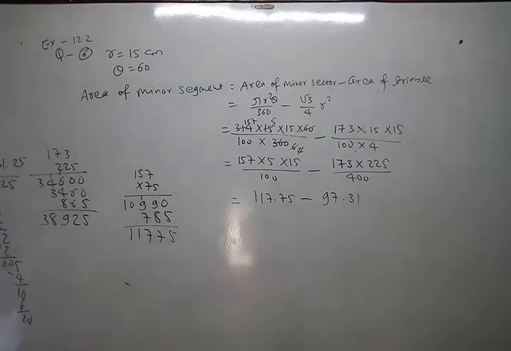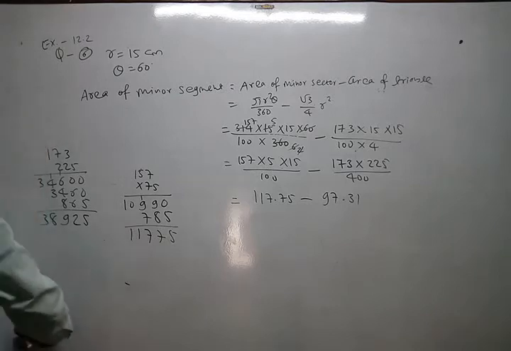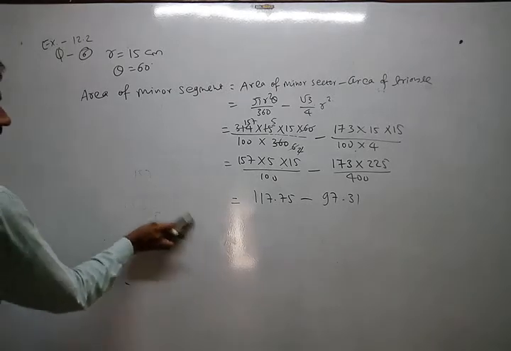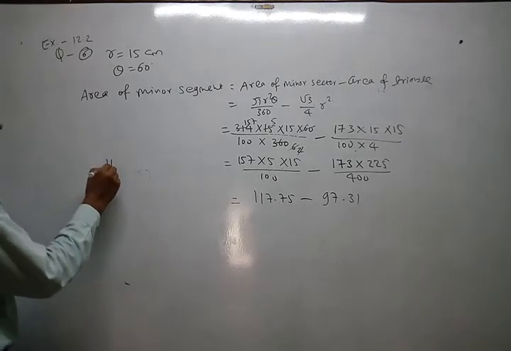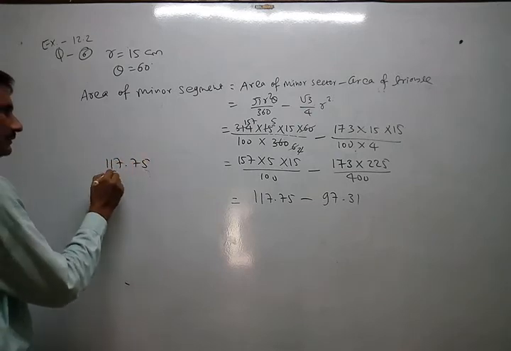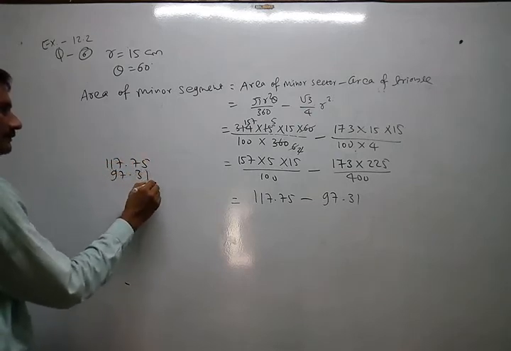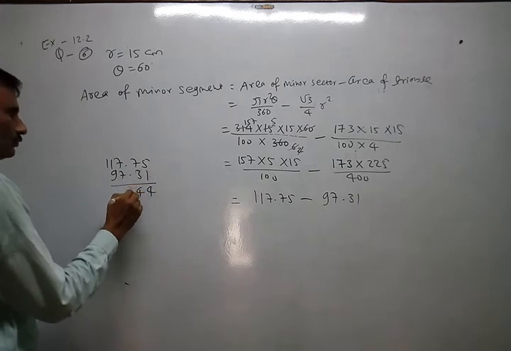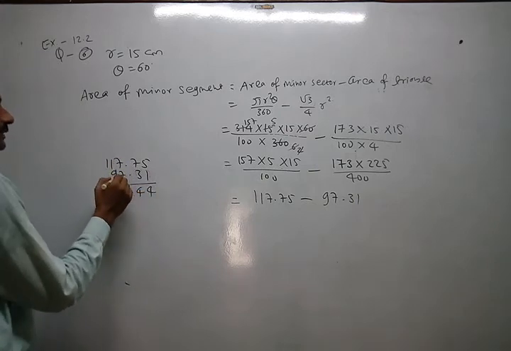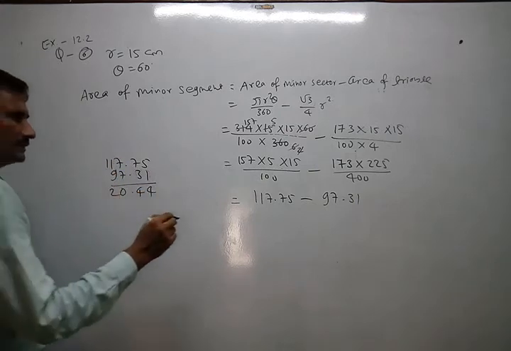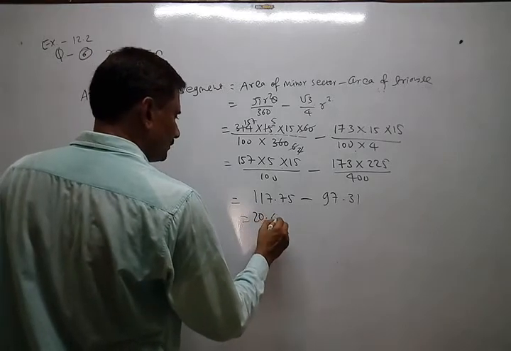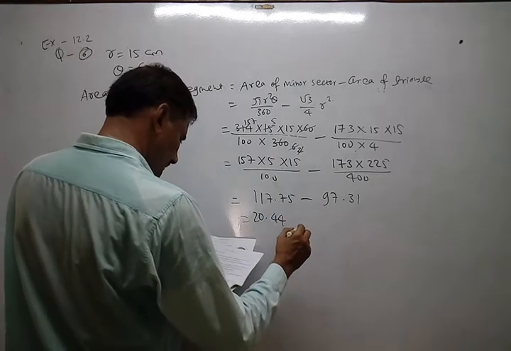Okay. So now just take difference. 117.31 minus 97.31, okay, 9 plus 2 is 11, so 220.44.